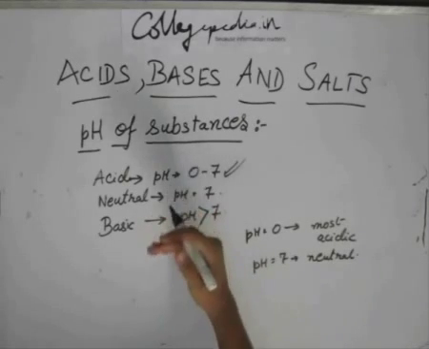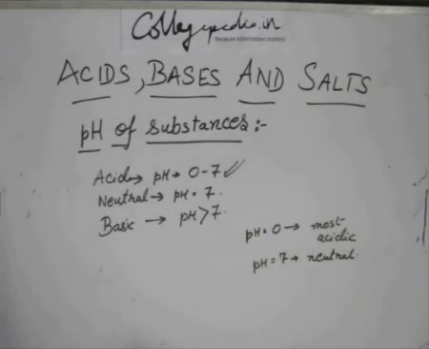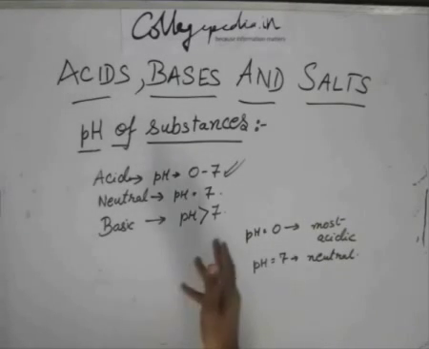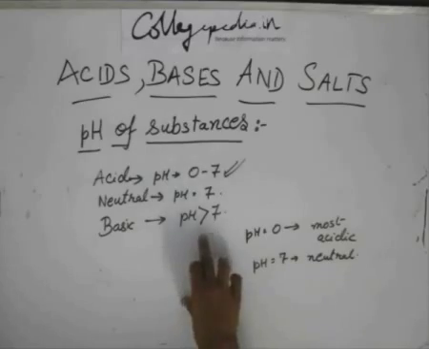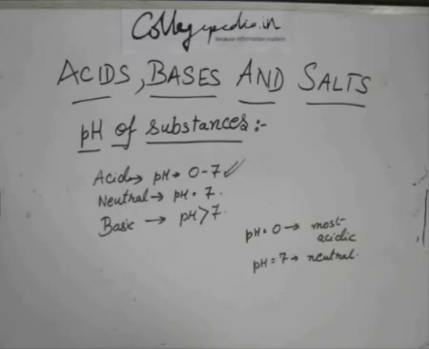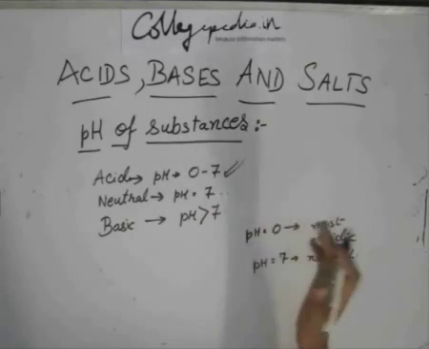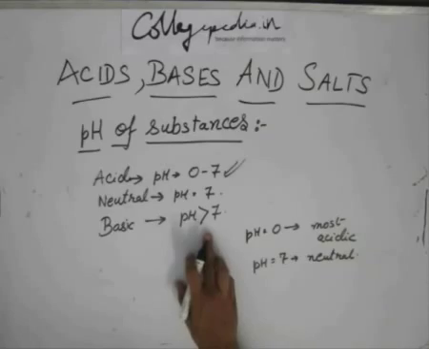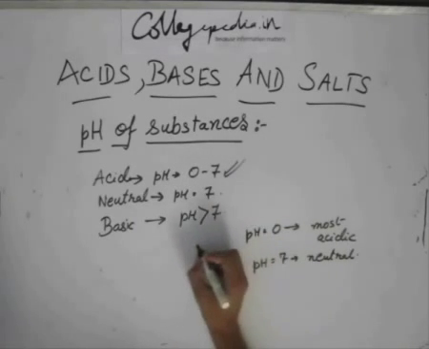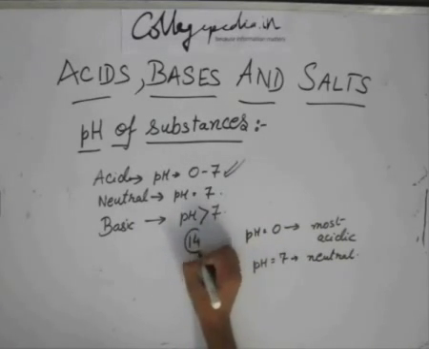And as we increase from 7, the acidity further decreases, and if the acidity decreases, the basicity increases. So after 7 it becomes basic, and it becomes more and more basic as we approach from 7 to the last point, which is 14.